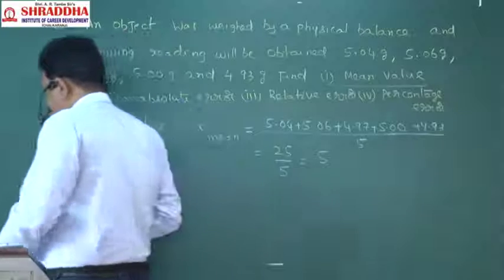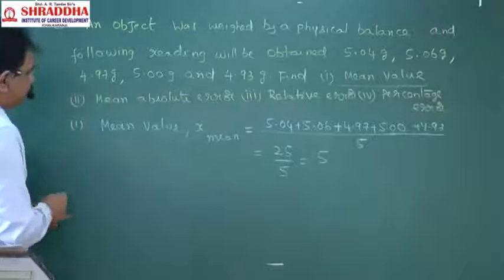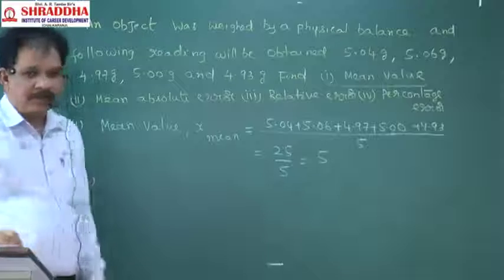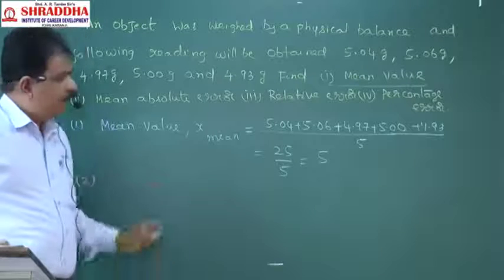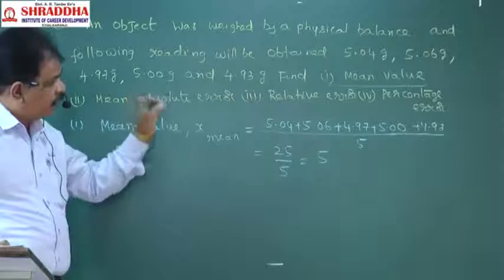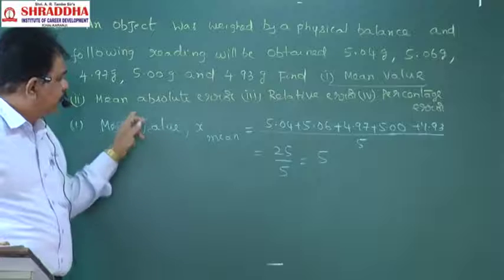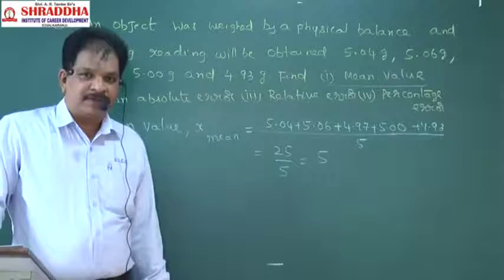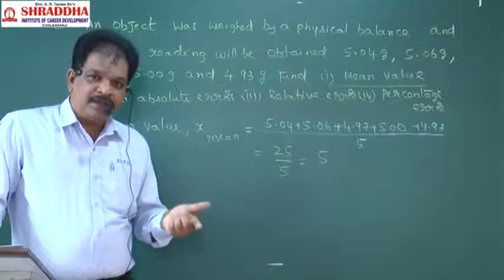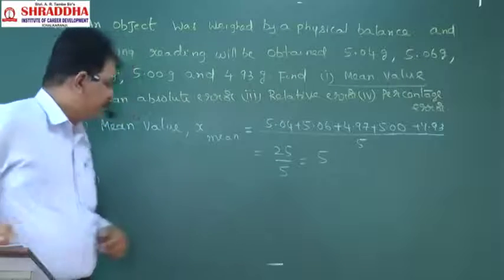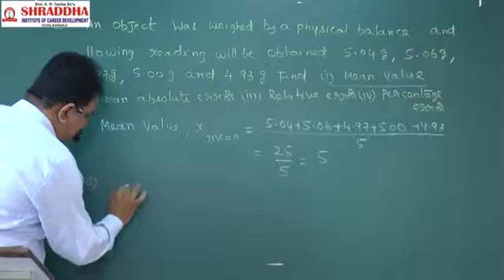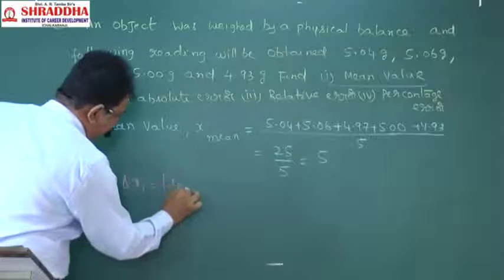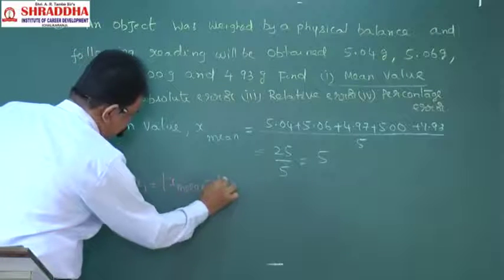Next, the second one is the mean absolute error. We will find the error in each reading, and from that we can find the mean absolute error. The error in each measurement is calculated as delta x1 is equal to modulus of x mean minus x1.